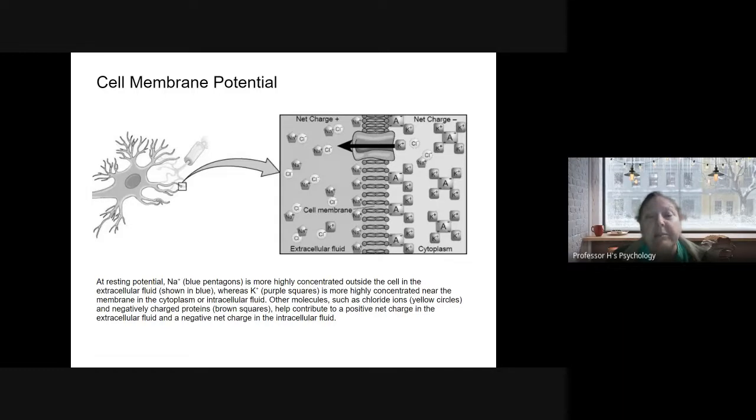So that little area becomes just a tiny bit more positive. When that happens enough to where the whole inside of the cell reaches the negative 55 millivolts, so we got all those tiny little stimulations, when it finally gets to that point, the cell fires like a trigger. Boom, sends that signal right down the axon.